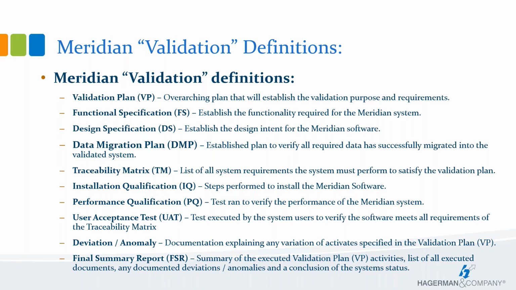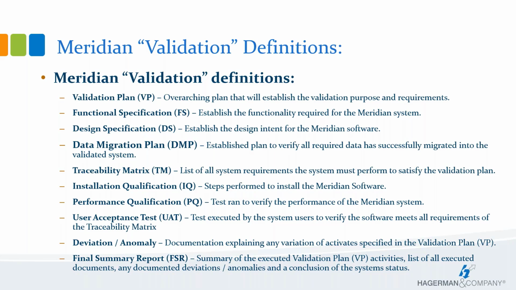The design specification, or the DS, establishes the design intent for the Meridian software. So the configuration, how things are set up, all the key components to this are captured in a design specification, which you can use to, in a disaster, recreate, or if somebody's trying to learn a new system and how it functions, the design specification is a great document to share with them.